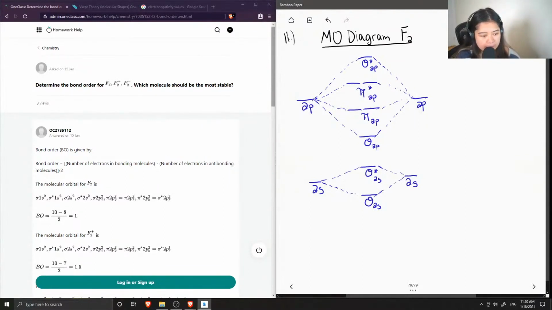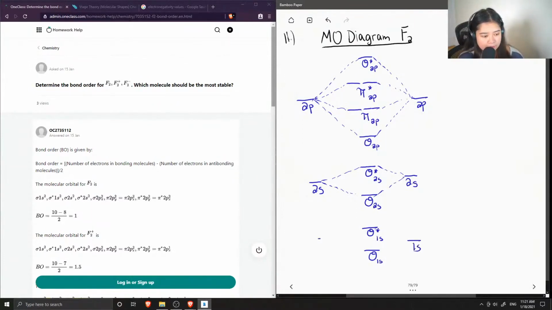And below that is 1s. So notice that for both 2s and 1s, there are no pi bondings that occur. And then finally, it's just the 1s bonding and anti-bonding.